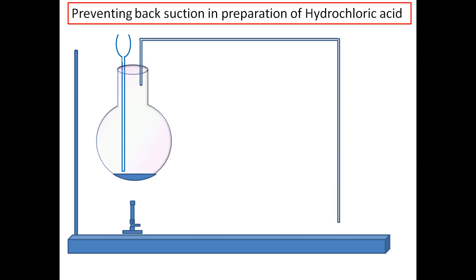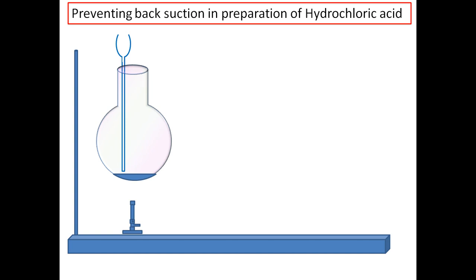We have to remove the gas jar which is filled with water. We have to remove the delivery tube also. Instead of that, we have to take a delivery tube which is smaller in size.